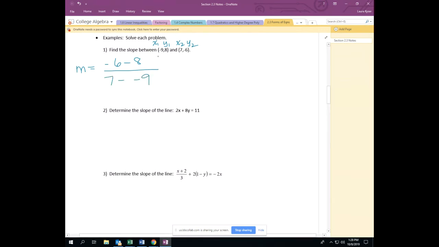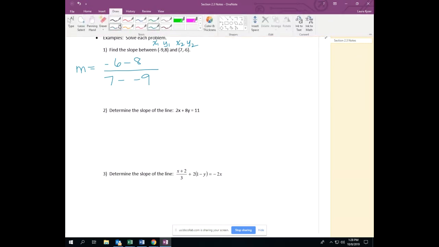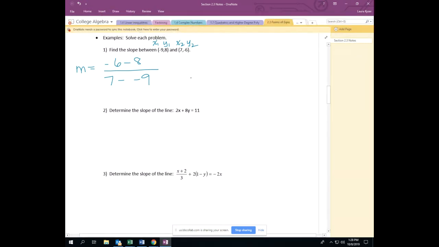And I do write it out like this just so that I don't mess up my signs and I know that I have everything written out correctly. -6 minus 8 more is going to give me -14. And on the bottom, 7 minus -9 actually means 7 plus 9, which is 16.